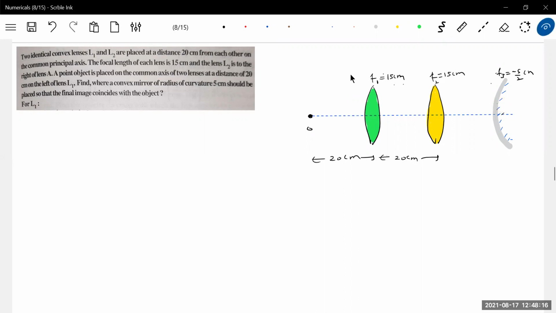Again, what is the basic idea? The image formed by combination of these two lenses should be such that it is at the center of curvature of this. Can it retrace the path?